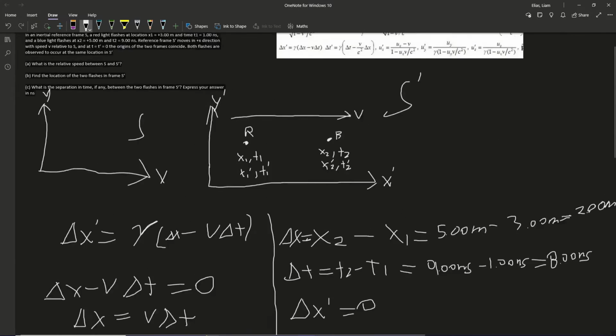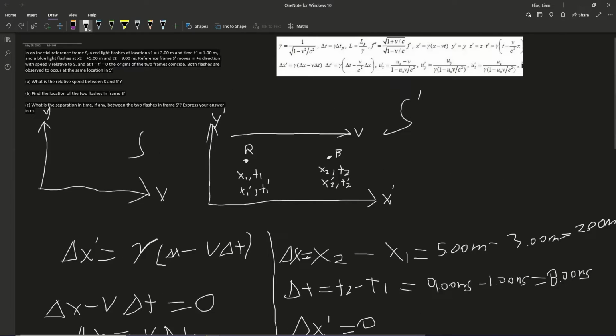So now we can move on to part B. Find the location of the two flashes in frame S prime. We know the two flashes take place in the same location in S prime, so we only have one location to find. So we're actually going to use almost the exact same equation, but here instead of using delta x prime, delta x and delta t, we're just going to be using x prime, x, and t.